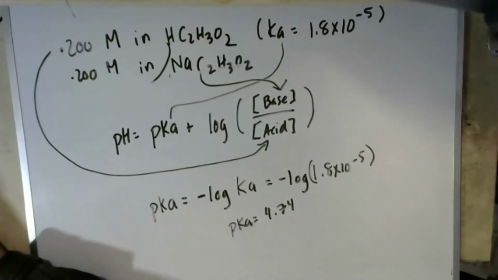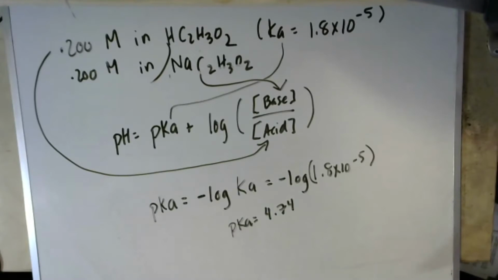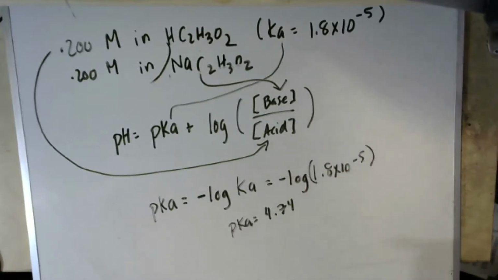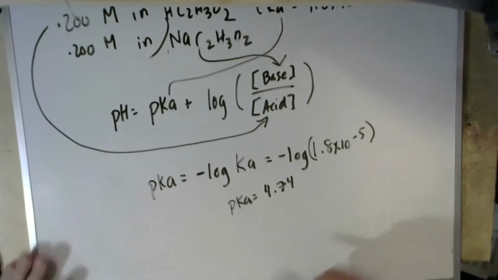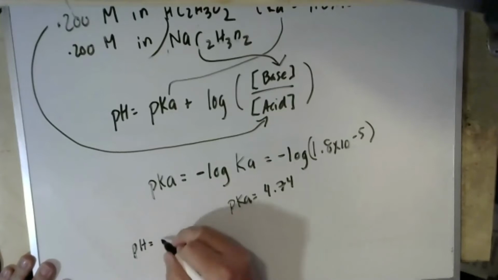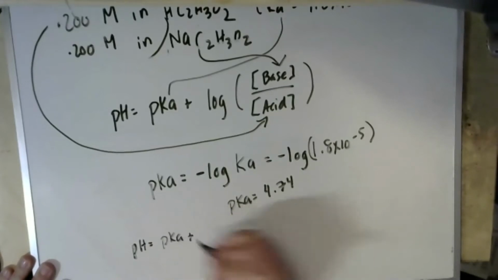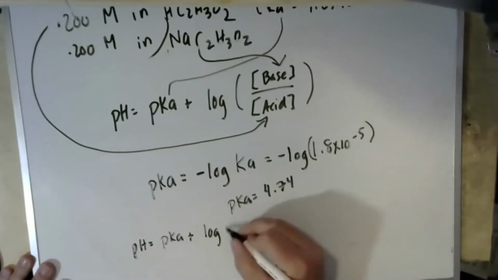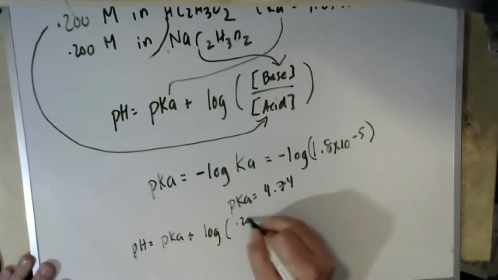Okay, now we're going to look at our base over acid component. My base concentration is 0.200 molar.